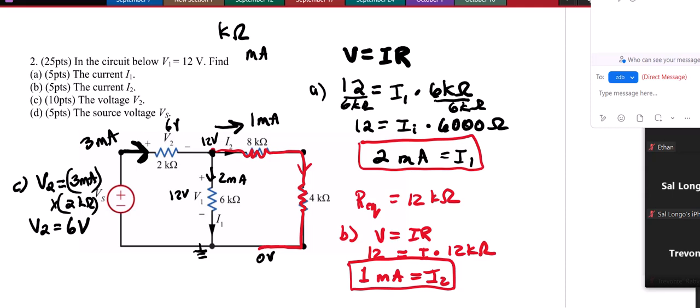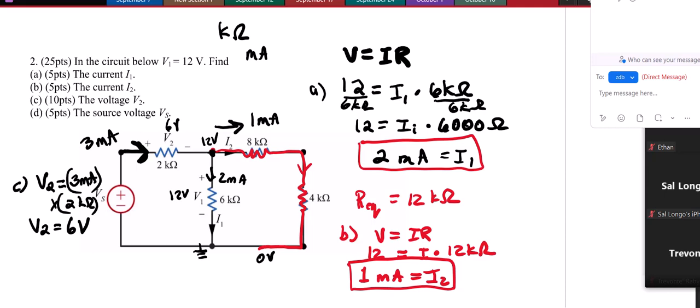Now notice that means it's a 6 volt change across that resistor. The current is going to the right, so it went down 6 volts as it went across that resistor.